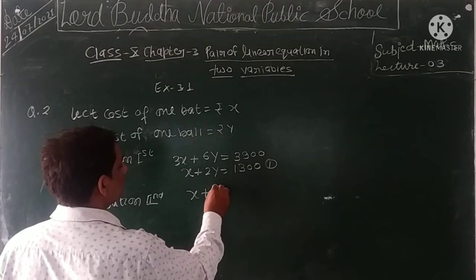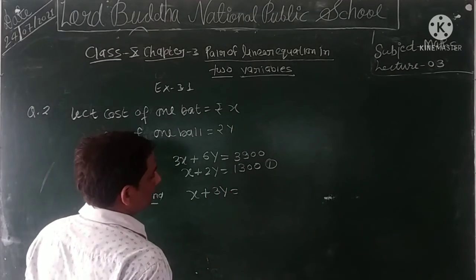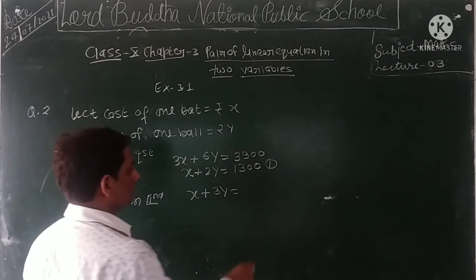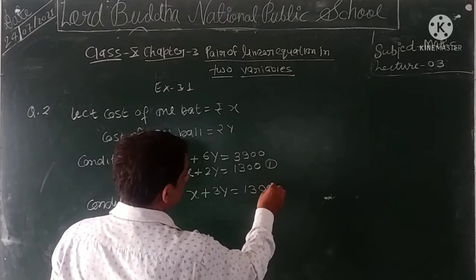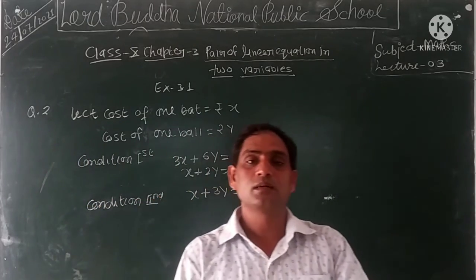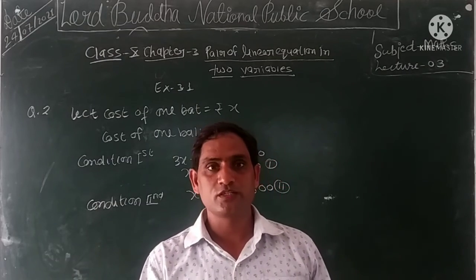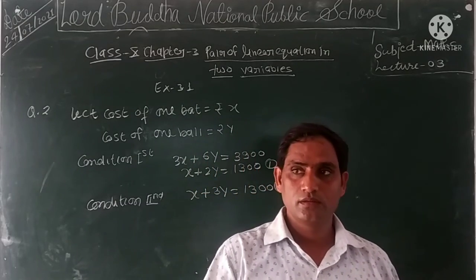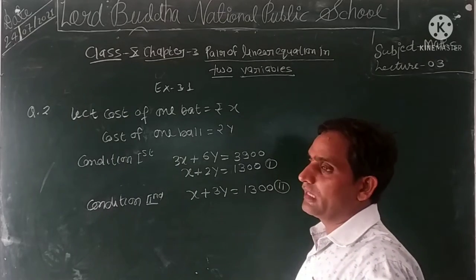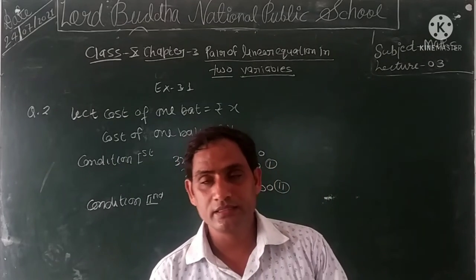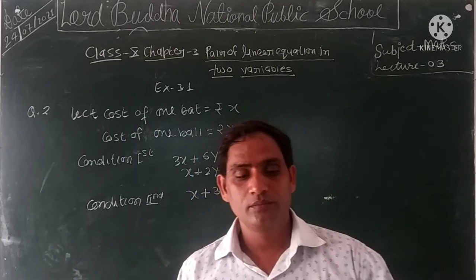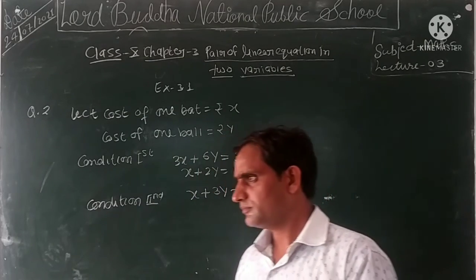Hence, the cost of 3 balls will be 3y. And the total cost is 1,300. This is equation number second. Means the first part is completed. The conditions are represented algebraically. Now, the second part is to represent this condition geometrically, means graphically.